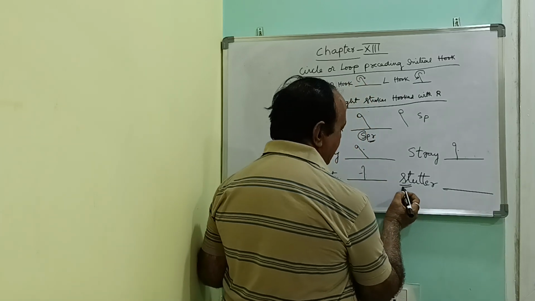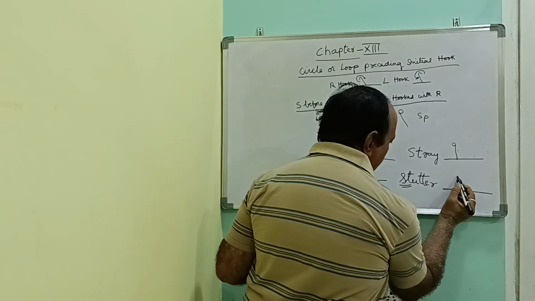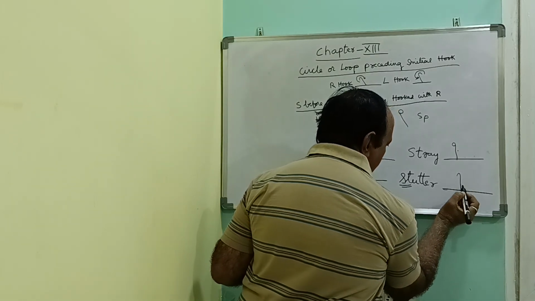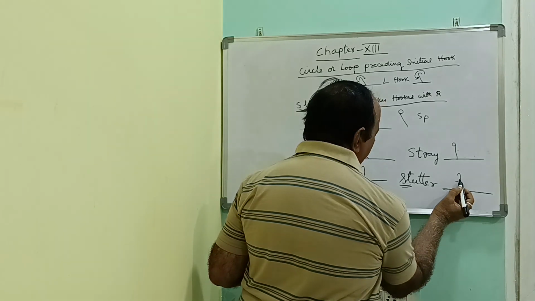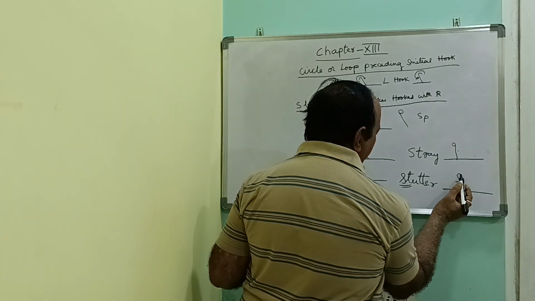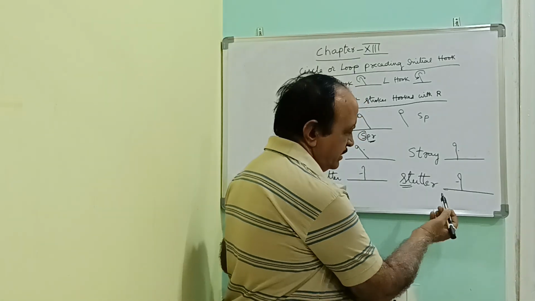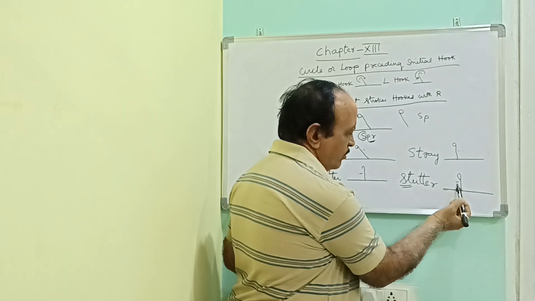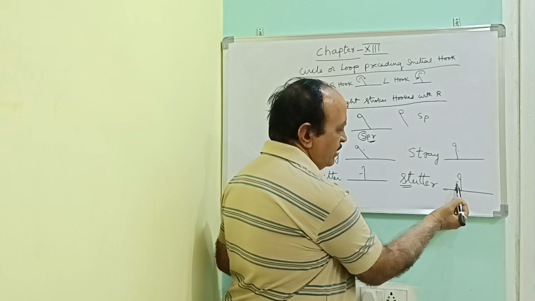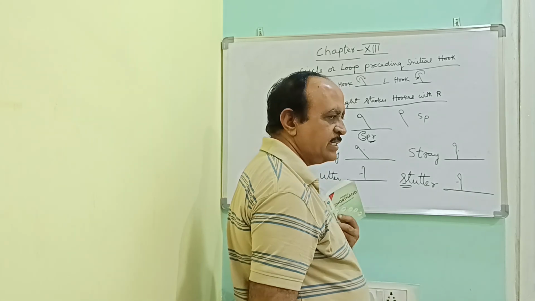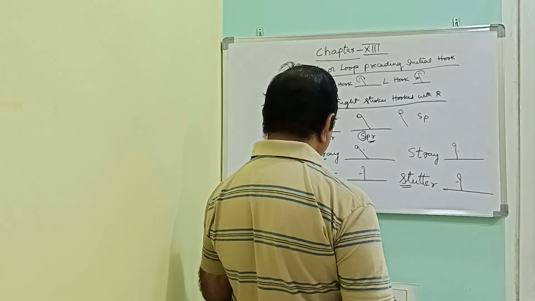How will the sound ST be added here to atta? See, atta you are writing like this. This is atta, isn't it? Now you can just join this loop like this here. First write the ST loop, the ST sound, then the A vowel, then tar. Stutter, like this. Fine?